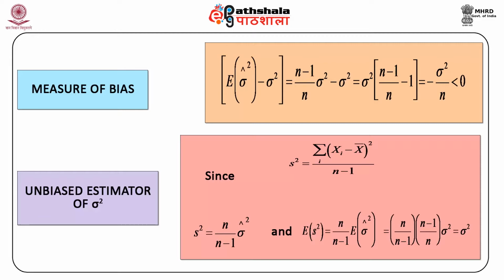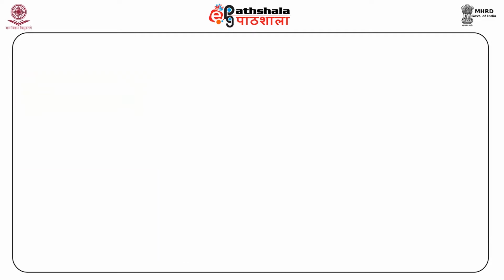So when sample size n is large, the bias of sigma hat square is small, and there is little difference between the two estimators sigma hat square and S square.